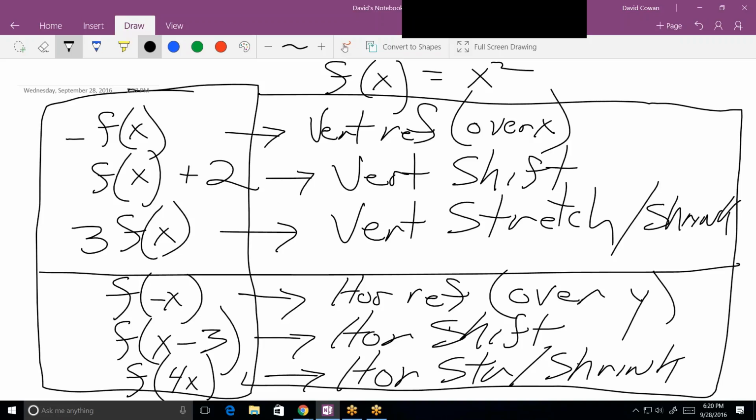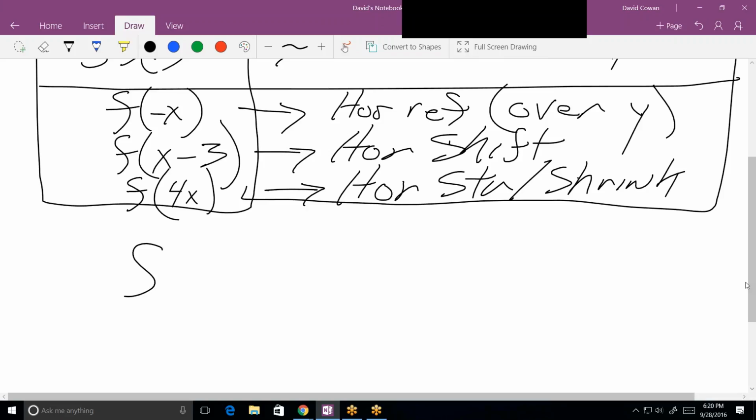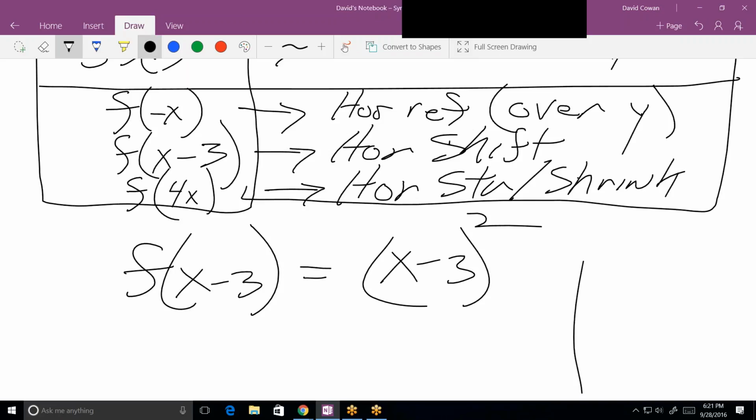So if I take my function here, f of x minus 3, well, I know that that's x minus 3 squared, but I don't really have to multiply that out to figure out how to graph it. As long as I know the parent function looks like this, then this function is shifted 3 units to the right, doesn't change shape, so it must be right there.